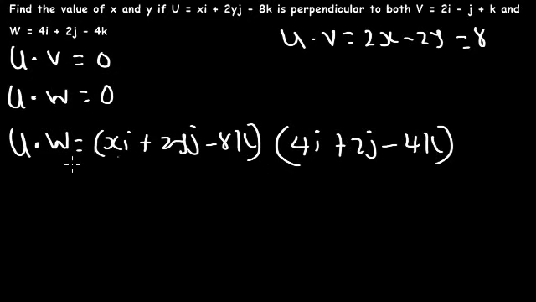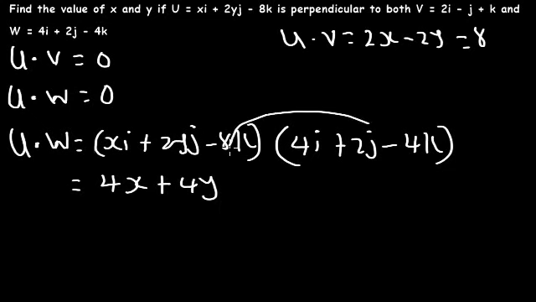Their product will be xi times 4i, that's just 4x, then 2yj times 2j, that's positive 4y, then negative 8k times negative 4k, that is positive 32, equals 0.